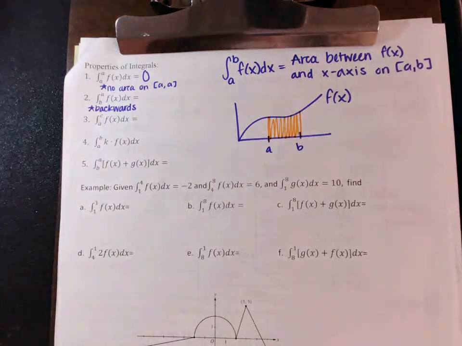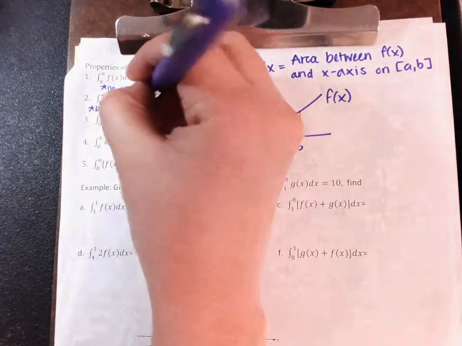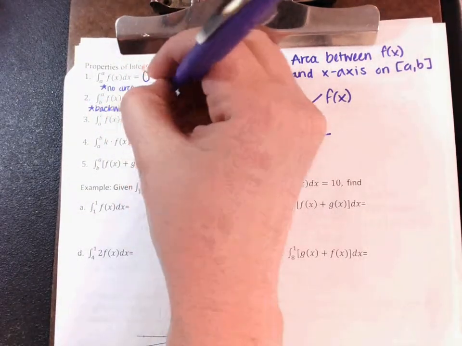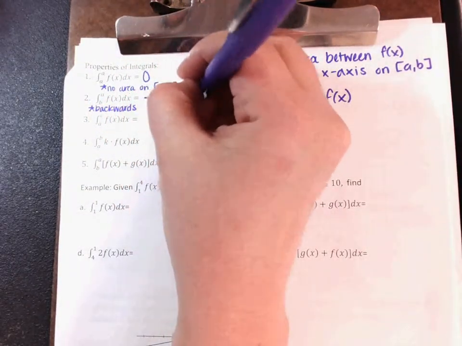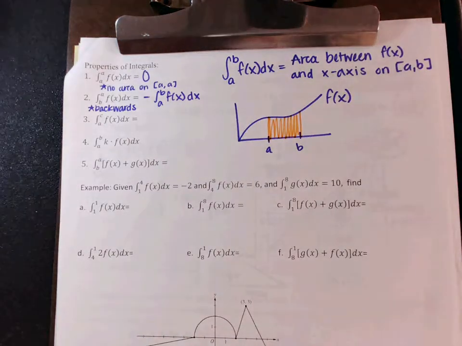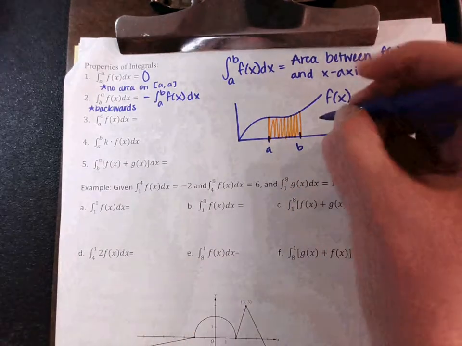Instead of integrating from A to B, you'll notice that it's from B to A. That means that it's the negative integral from A to B of f of x. So if the endpoints are backwards, you're going to change the sign. If the integral is already negative, when you switch it, it'll be positive. If it was positive, it'll switch to be negative. The next one. On your graph, I want you to put a C out here to the side.